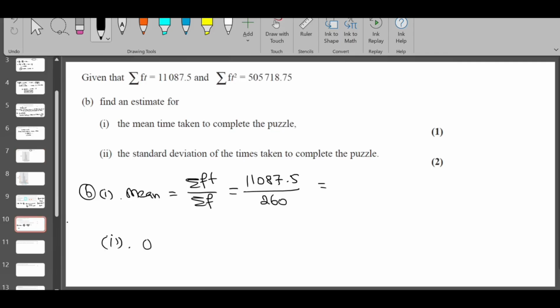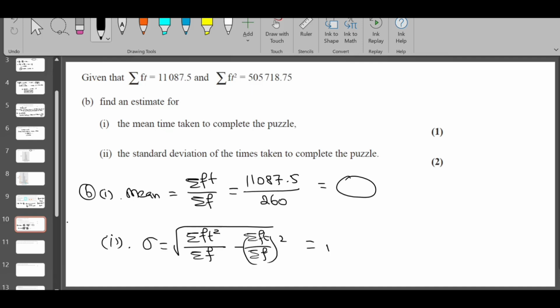Now for standard deviation, the formula is the square root of sigma fx square over sigma f minus the square of the mean, which is the square root of 505718.75 over 260 minus, let's find this value, put it here and square it.